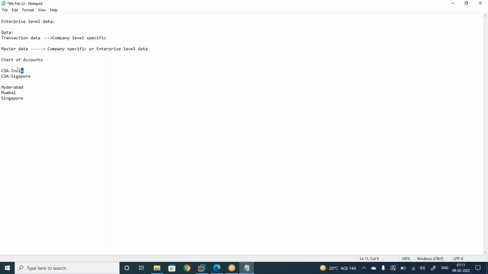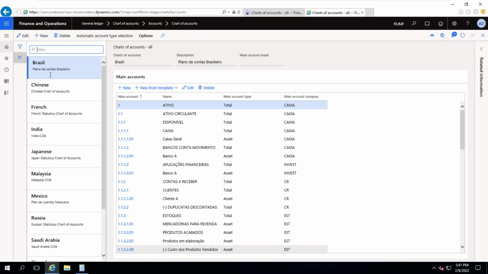I can tag the COA India chart of accounts for Hyderabad and Mumbai, and for Singapore I will use the Singapore COA. So in this case, I can create 2 sets of chart of accounts, India and Singapore, and tag them.